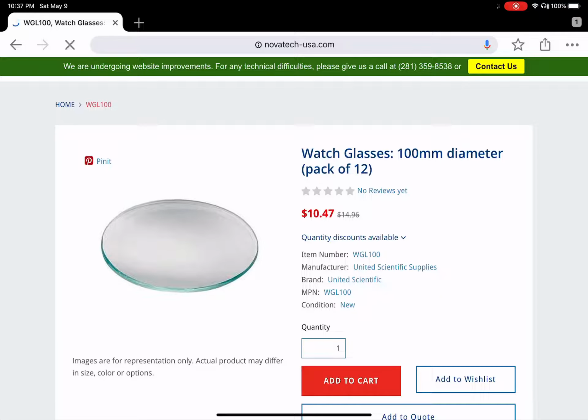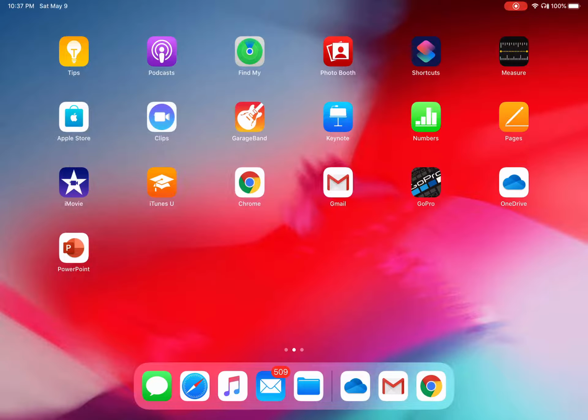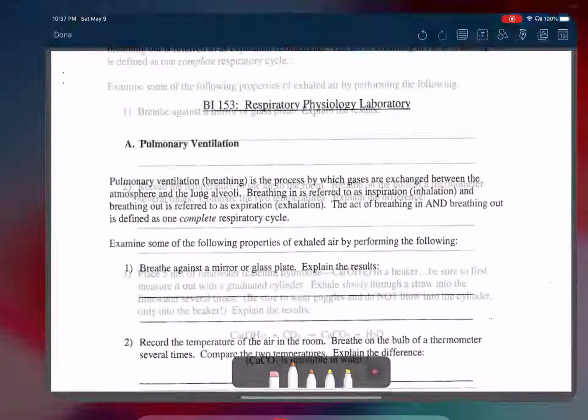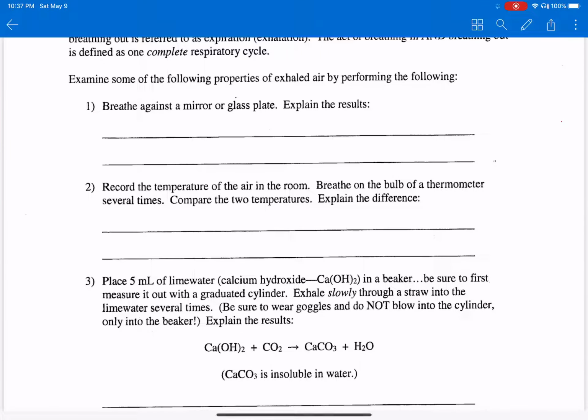And of course, when you breathe on it, just like any type of glass surface, you're going to see condensation. So what is condensation? Condensation is where the gaseous form of water within the air that you breathe comes out, and this is not necessarily in the context of the air that you breathe, but this is the context we're talking about here. So in this case, the air that you're exhaling has a lot of water vapor in it. Water vapor is the gaseous form of water.